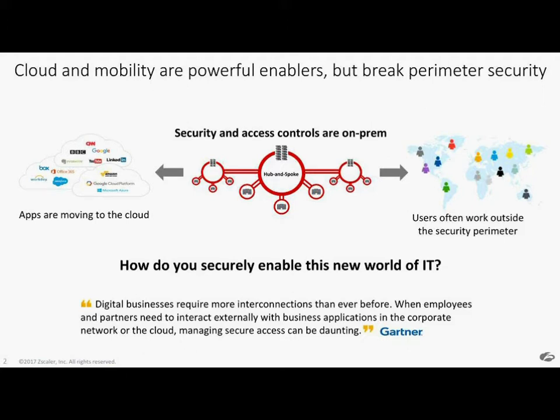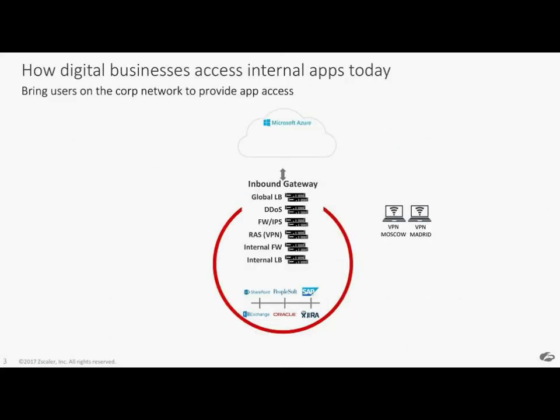And we need to consider, how do we enable those users to continue to access the applications and have the same level of security from those off-site networks as they do when they're on our premises, and the security that we provided on network.